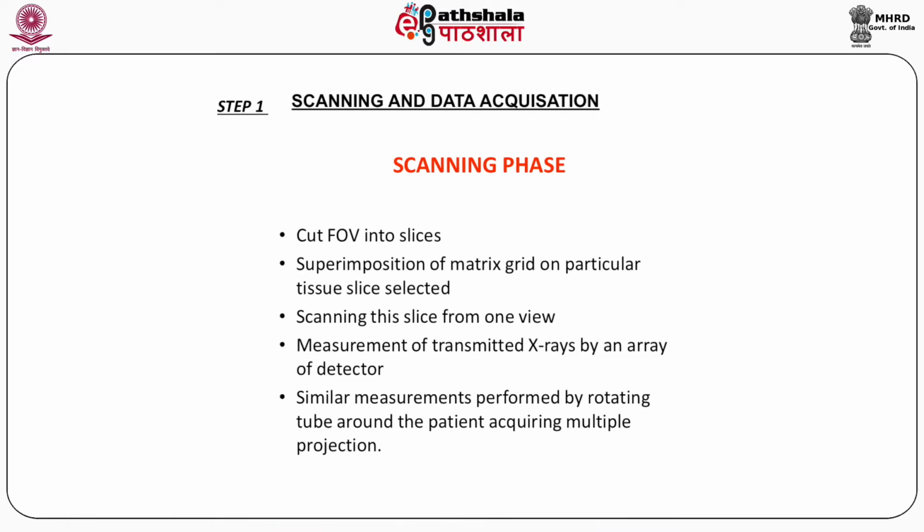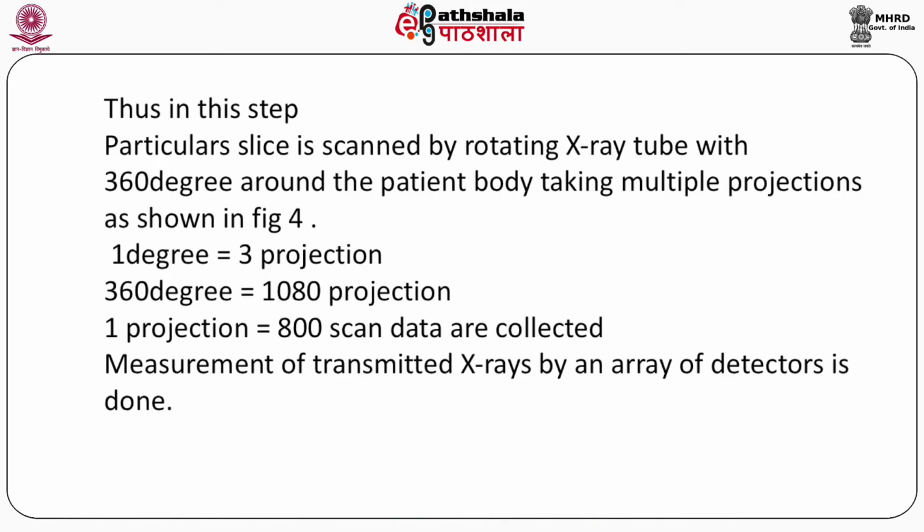The detectors on the other side of the patient acquire the data from one projection, and then when the X-ray tube is rotated, it takes multiple projections across the patient body. About 1000 projections are taken when the X-ray tube rotates about the patient body in one rotation.